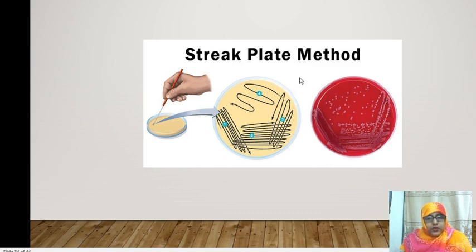Then again heat the loop, remove all the bacteria of the second sample, then dip in the third inoculum and draw another pattern. Likewise draw the fourth inoculum pattern. You will see here 4 different patterns were drawn, 1, 2, 3, and this one is 4. We can take a single inoculum and draw 4 different patterns, or we can take 4 different inoculums and draw them one by one.